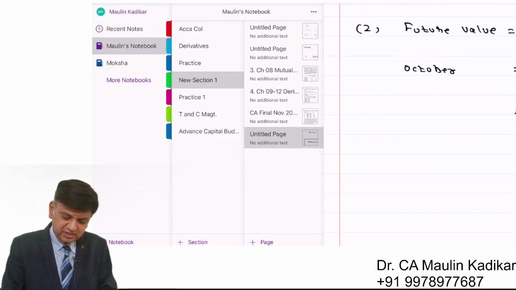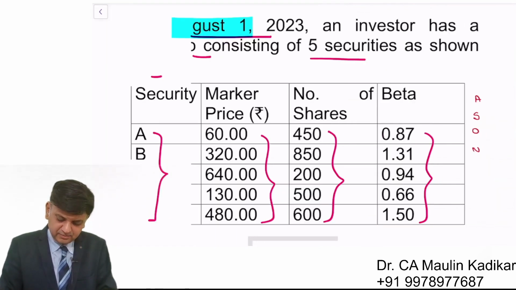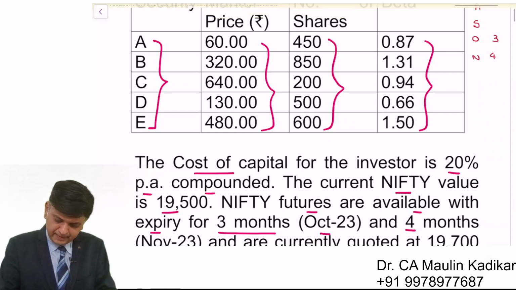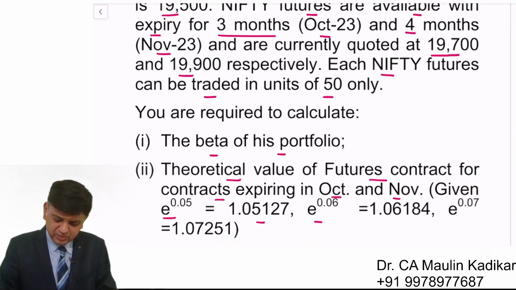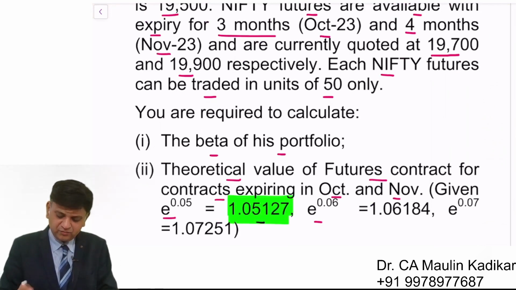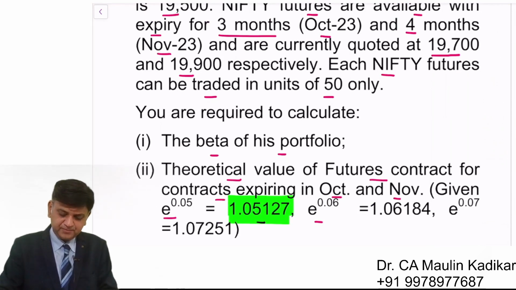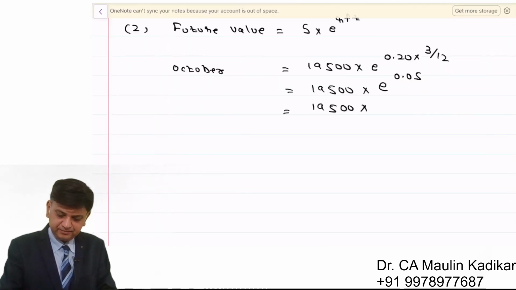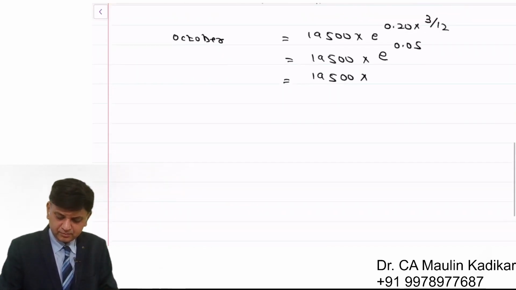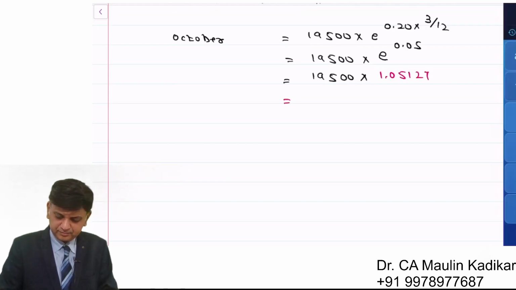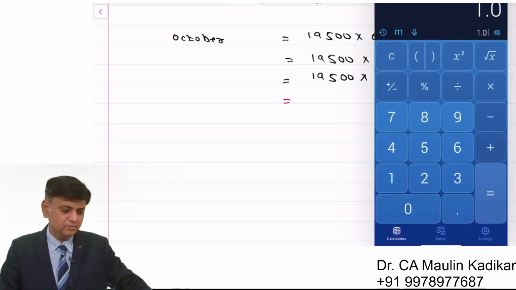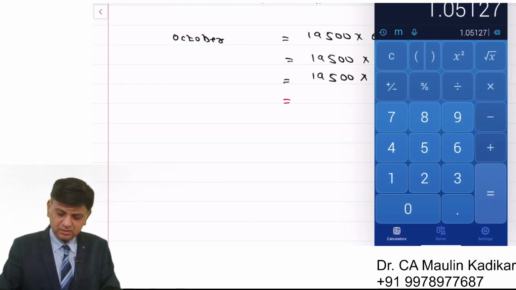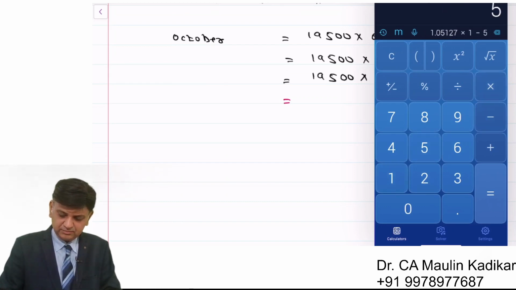Now we can see that the information is provided to us directly. Then what is the e factor? You can see that the e factor is provided to us directly. So 1.05127, that we have to use directly. 1.05127 into 19,500.